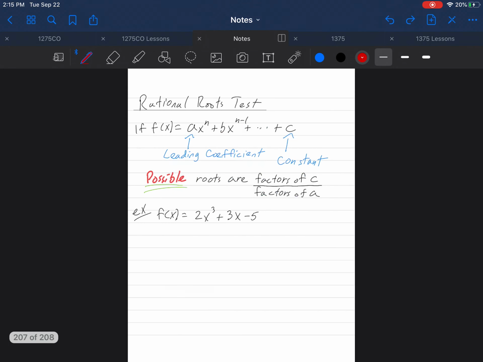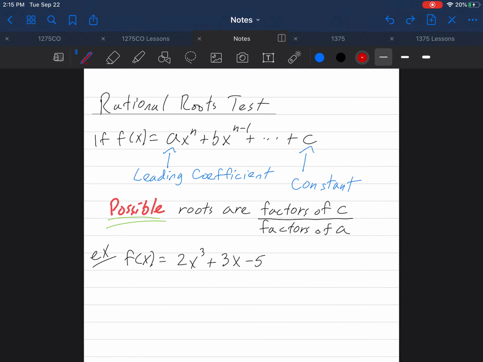So let's combine this with something called the rational roots test. Here's what the rational roots test says. If we were looking at a polynomial that began with ax to the nth power plus bx to the n minus 1 and so on, and ended with a constant c at the end, here's an example: 2x to the third plus 3x minus 5.